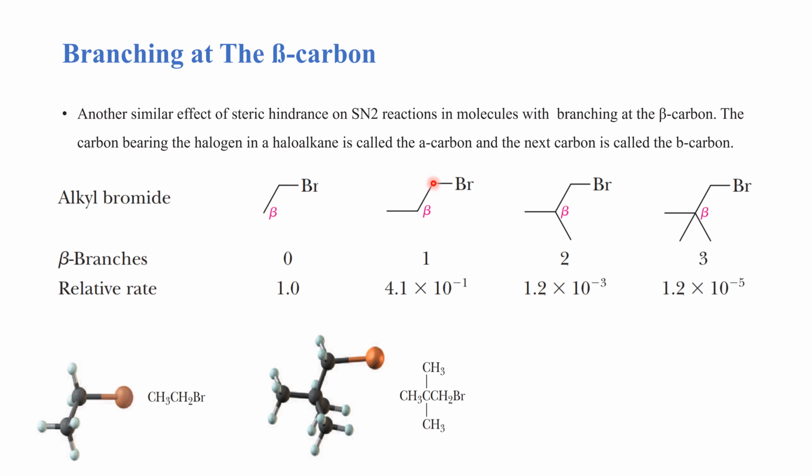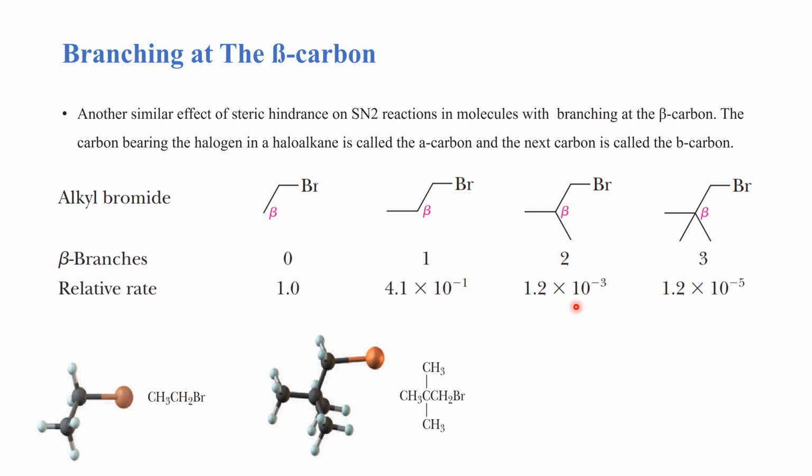Here you can see this is the propyl bromide. On the beta carbon there is one branch, and the rate of reaction has reduced from 1 to 4.1 × 10^-1. Now, if we increase the beta branches to 2, the rate is 1.2 × 10^-3, and with 3 branches it is 1.2 × 10^-5.